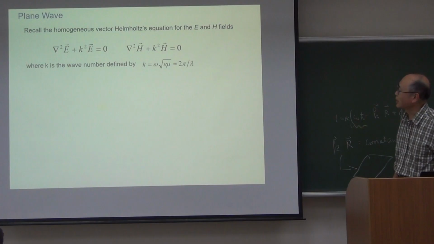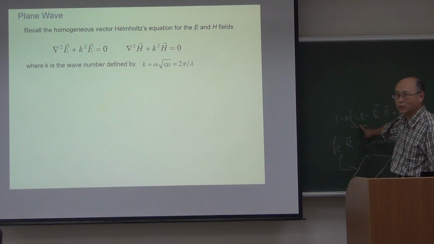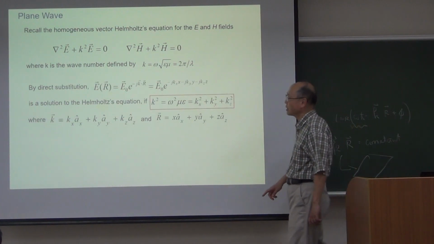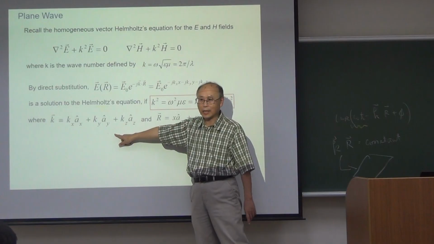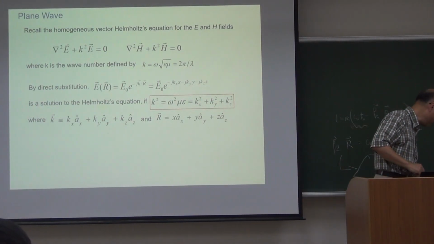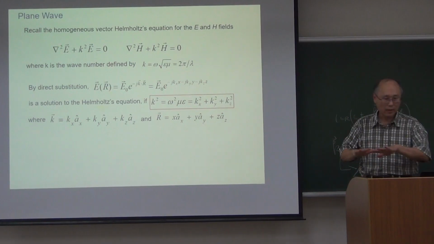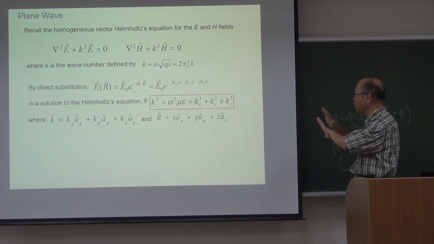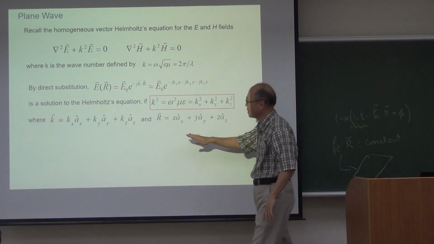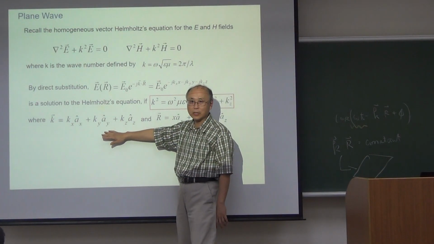All right, so when we write down this expression, this is already understood. So if we continue to write it, then we can have arbitrary propagation direction for k. Of the plane wave, basically the wavefront can go in any direction. So we give three components for this k vector.